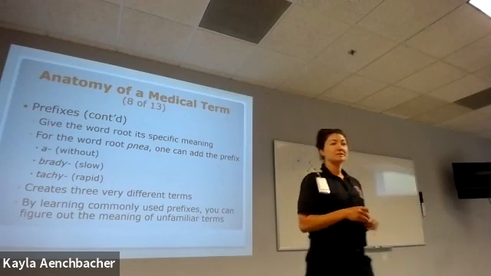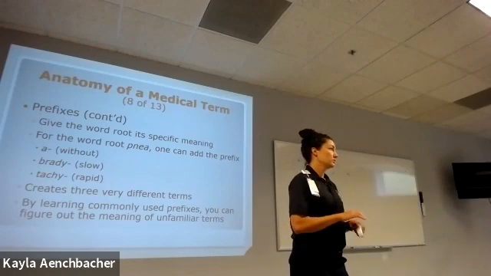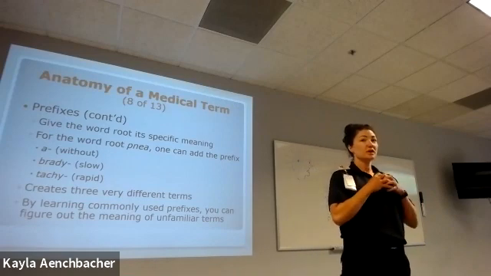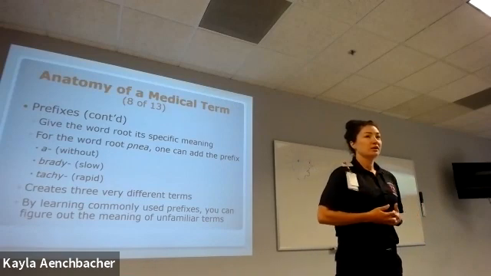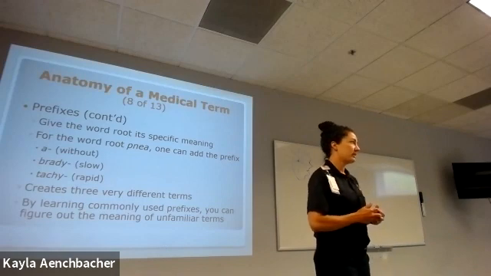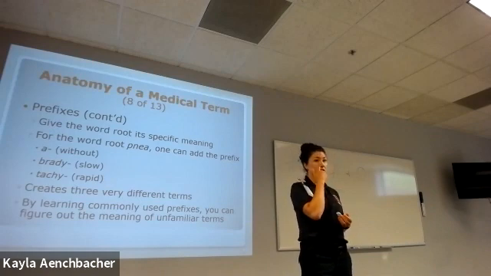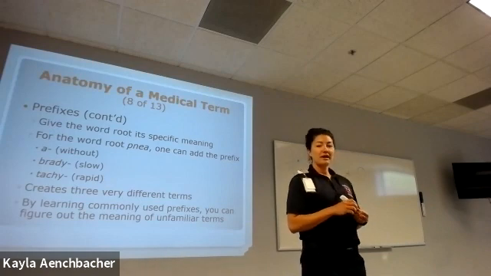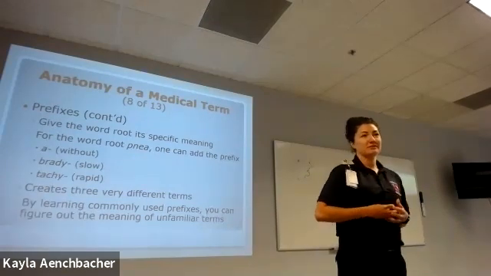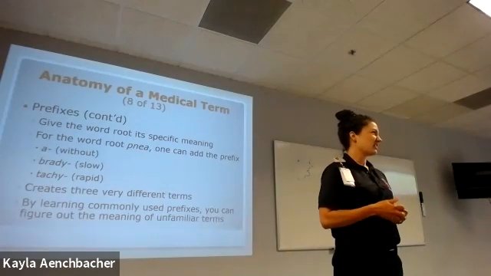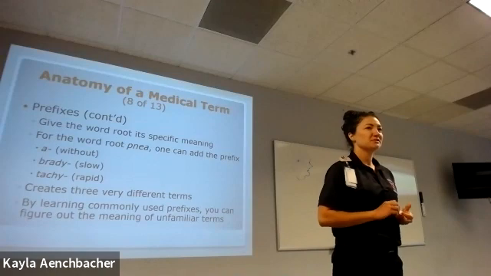Okay. Brady is one that you're going to need to know. What does Brady mean? Slow. All right, so if I say my patient is bradycardic, their heart rate is slow, slower than it needs to be, slower than normal. If my patient is bradypnic, that conjugation there kind of changes the pronunciation.